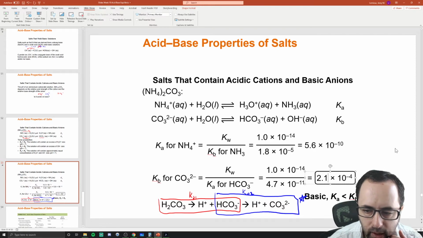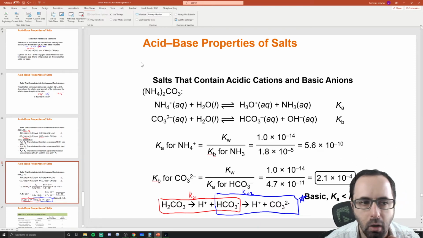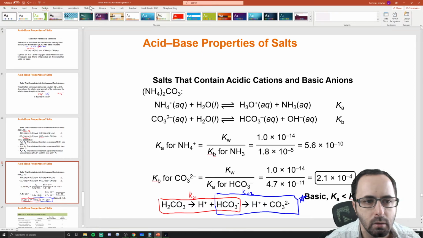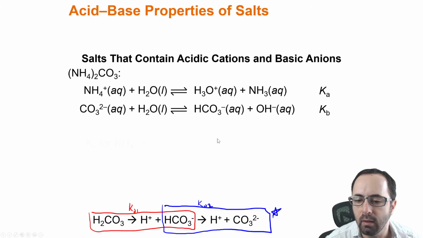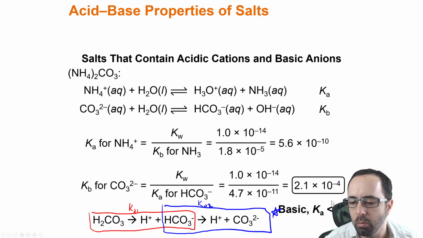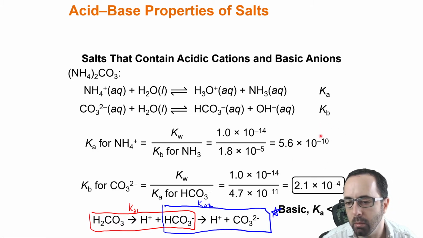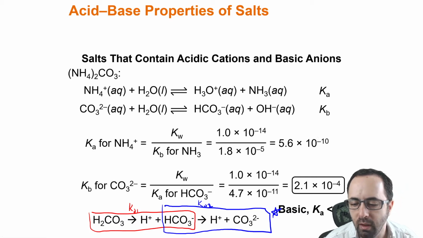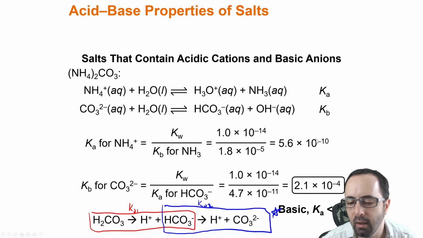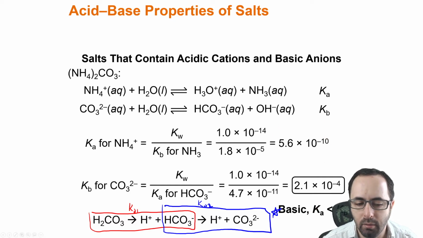Either way, we can see that this carbonate ion is much more basic than the ammonium ion is acidic. Its Kb is way larger, by about 1,000,000 times, than the Ka for ammonium. So this solution is definitely going to be basic because the Ka for the ammonium ion is less than the Kb for the carbonate ion.